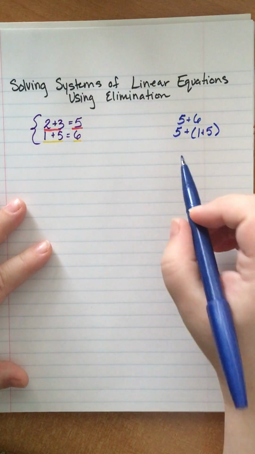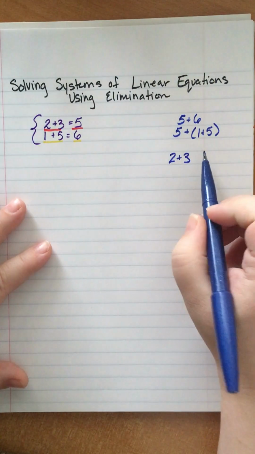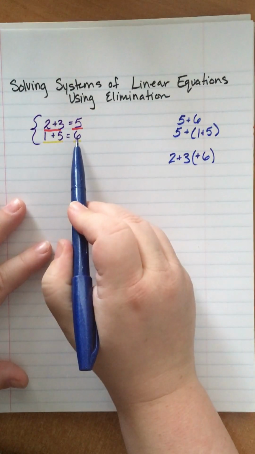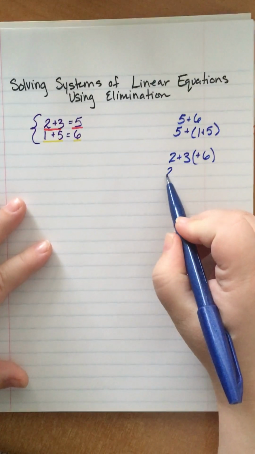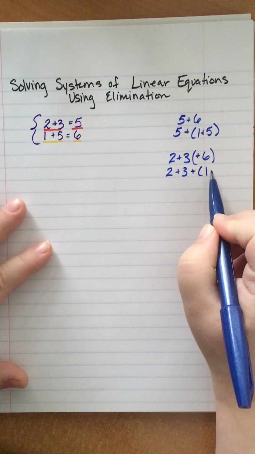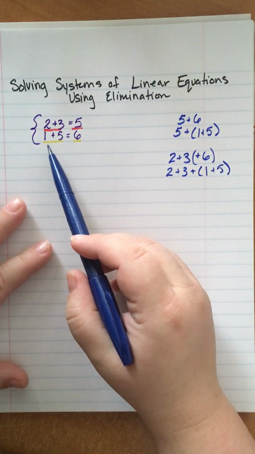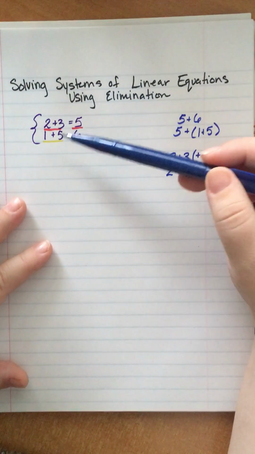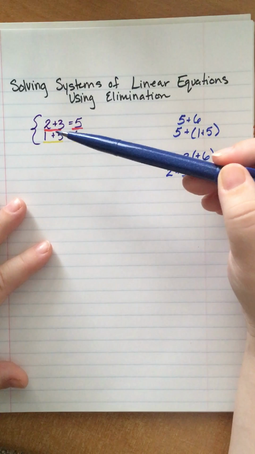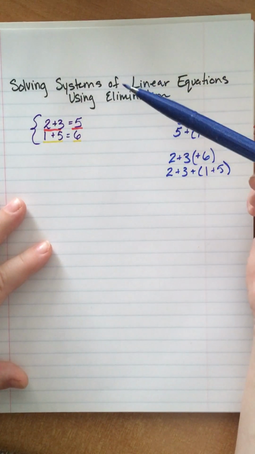On the other hand, when I say 2 plus 3, if I were to add 6 to that, here's my 2 plus 3 and here's my 6, that would be the same as 2 plus 3 plus 1 plus 5. I'm keeping it balanced because 1 and 5 is equivalent to 6. So I could add 6 to the 5, and it would be the same as if I added 1 plus 5 to 2 plus 3.